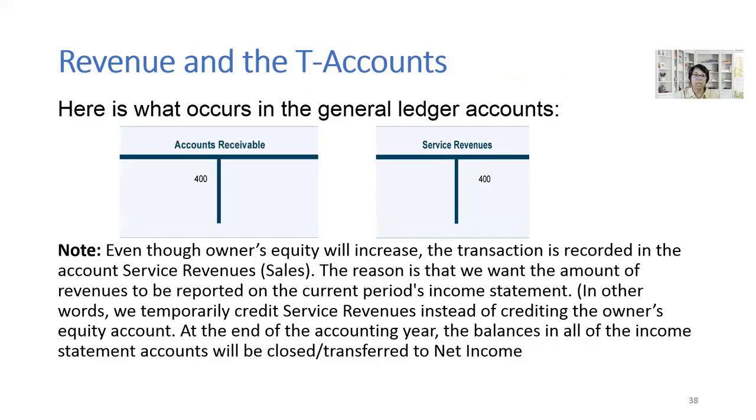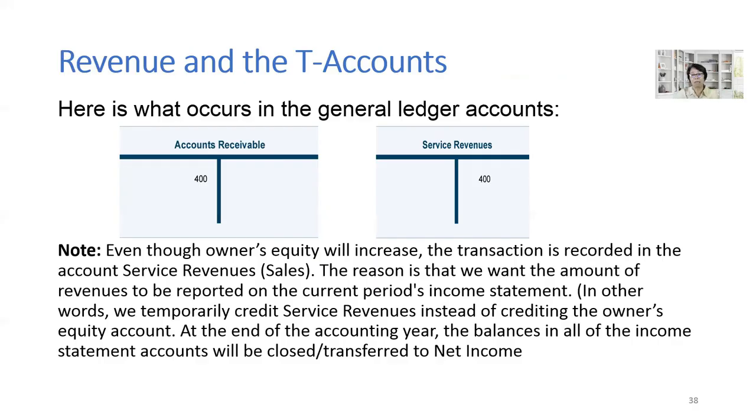So revenue and the T accounts. Here's what occurred when we just made that last sale. You are a bookkeeper and you did a service and he said, please bill me, I owe you $400. So in the T account, you debit accounts receivable, because this is one that you just have to remember. I don't know why my students get confused. An accounts receivable is an asset.